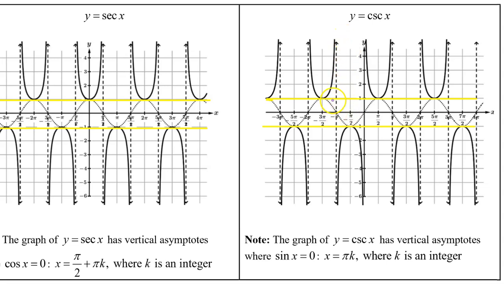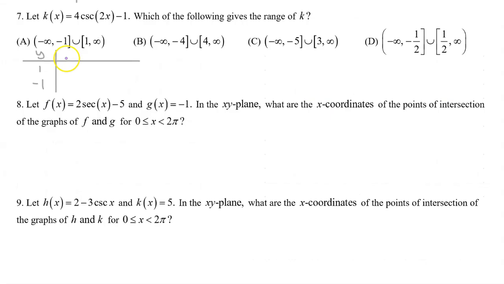So focus on the key y values of -1 and +1. Let's see how the transformations that bring us k of x affect these key y values. The only transformations that affect y values are the ones on the outside of the trig function, the vertical dilation by a factor of 4, and the vertical translation by -1.